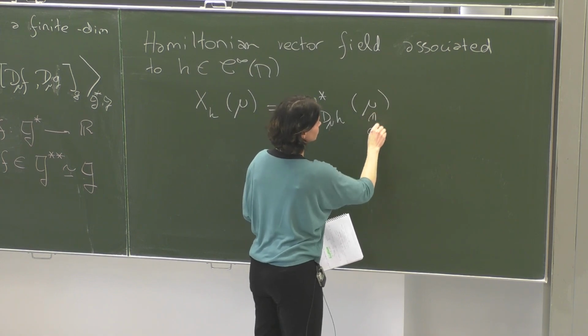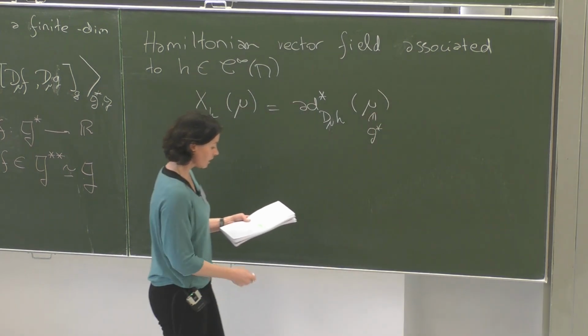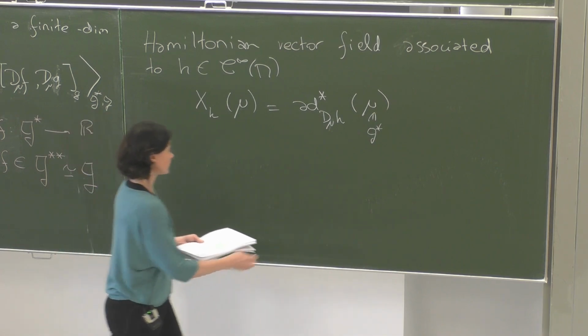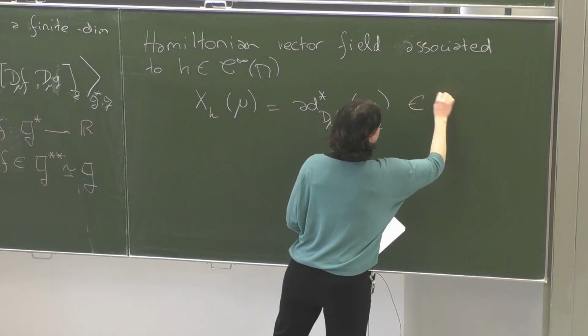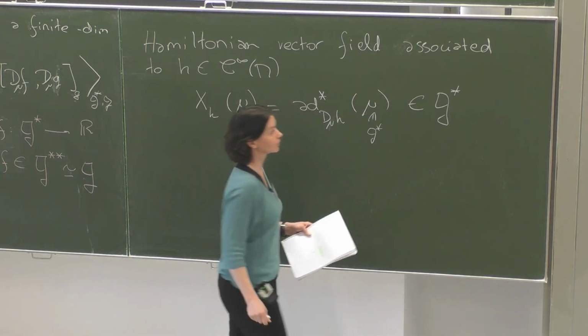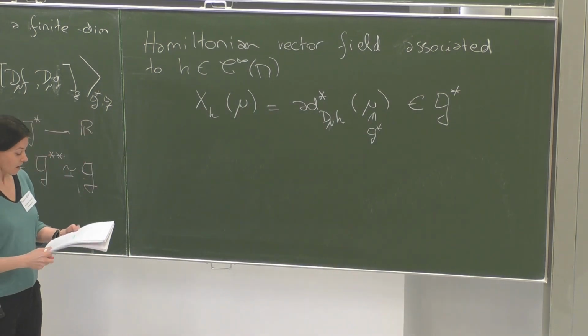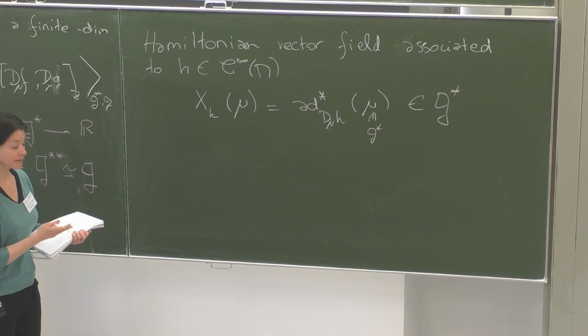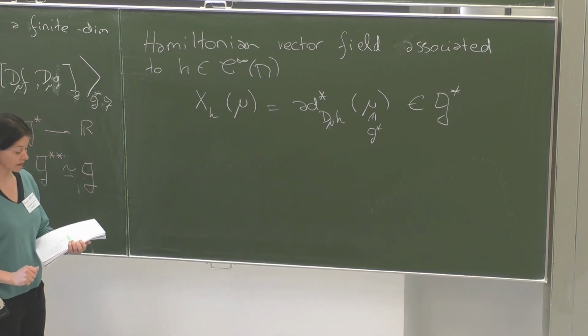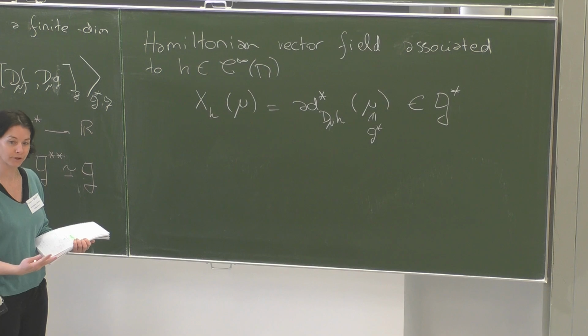Mu is again in G star. And this is then, in this case, an element of G star. So it gives us a vector field on G star. So let me stress here that this vector field is defined through its action on functions.